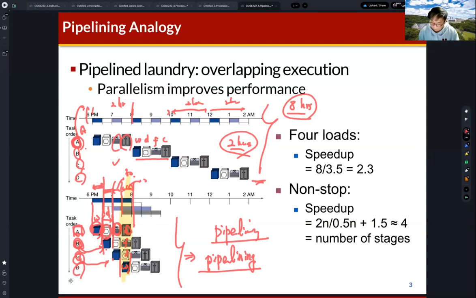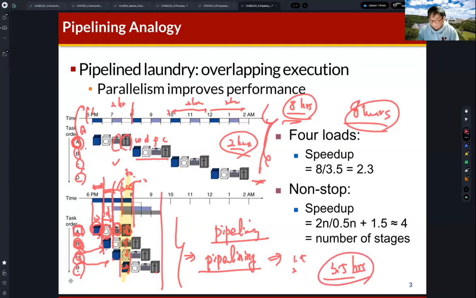So what is the speedup? If pipelining is not applied, it will take 8 hours. But if pipelining is applied, until D is complete it takes 1.5 plus 2, which is 3.5 hours.